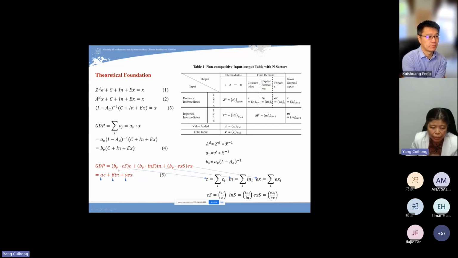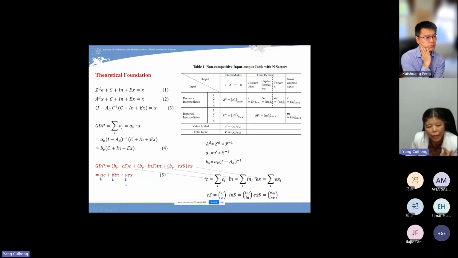If we denote alpha equal to BV multiplied by CS, we could see that alpha is the total value added coefficient of consumption, beta is that for investment, and gamma is that for exports.